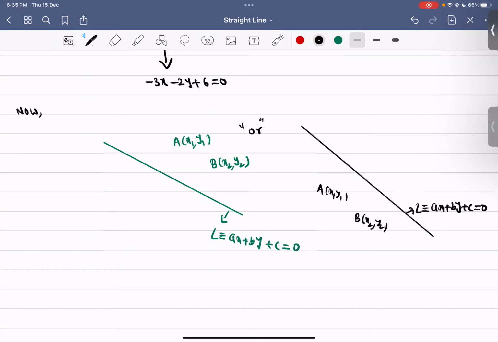Now you see, from the above diagram, for both the points (x1, y1) and (x2, y2), L is what? Positive. From both the diagrams, L of (x1, y1) and L of (x2, y2), both are positive or both are negative?